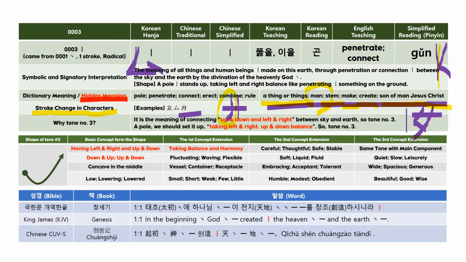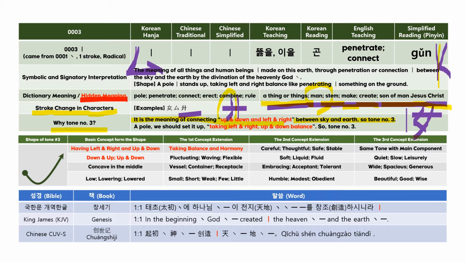And the next issue: why this character, penetrate, connect, guan, specifically should have tone number 3. This is for the people who are learning Chinese characters. That is because it means connecting up and down and left and right between sky and earth. So tone number 3, you can remember in this way.